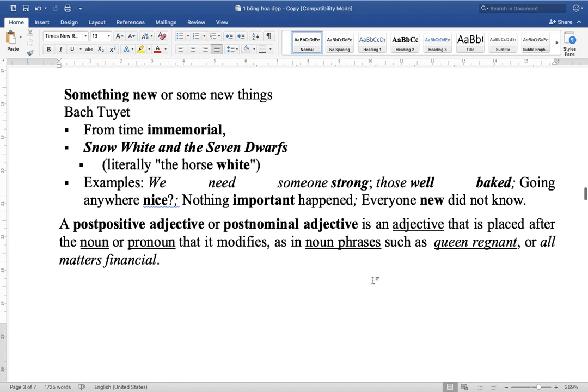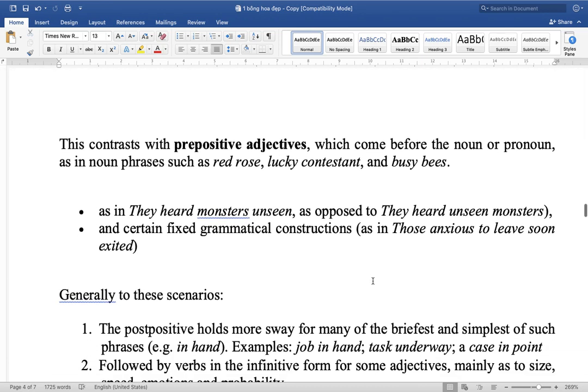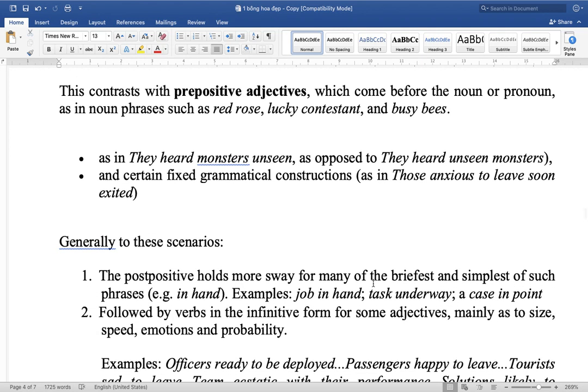Okay, we got a lot, but actually, I just introduce some of them for you. "Job in hand." "In hand" just modifies the job, but we use this after it. We don't use "in hand job." "Task underway" or "a case in point." This is a case in point. This is an example.